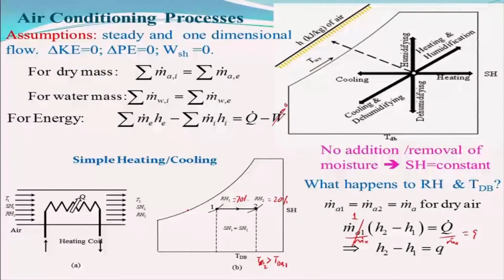So now what is the way out? Of course, you can get a similar problem, the opposite of that, whenever you are cooling. Suppose cooling means I will be giving the cooling here, so if you are at station 2, you will be going towards station 1, then there will be an increase in the relative humidity. If the relative humidity is high and temperature is very low, you will also be uncomfortable, right?